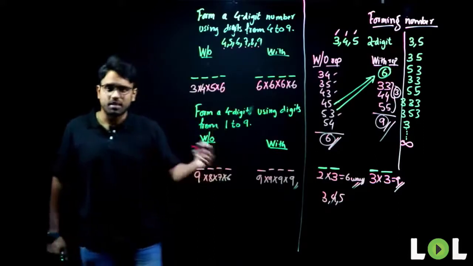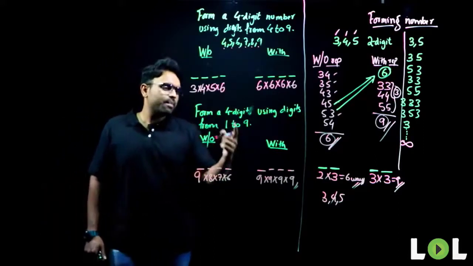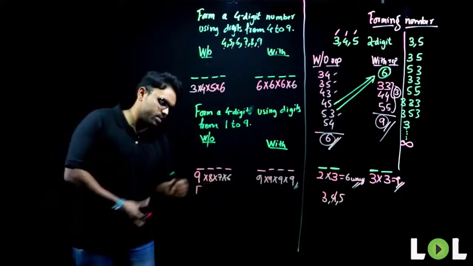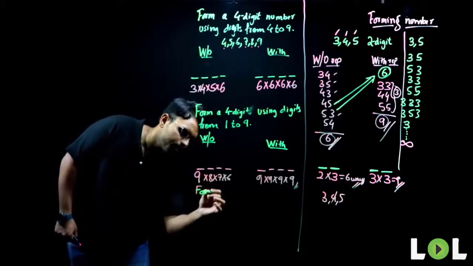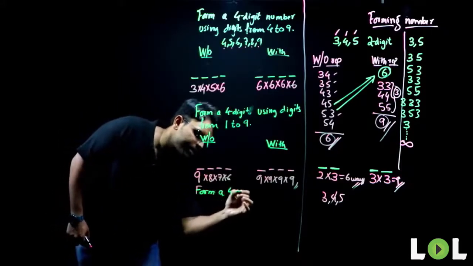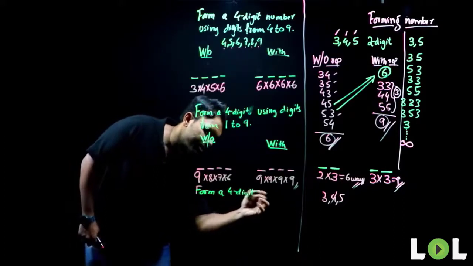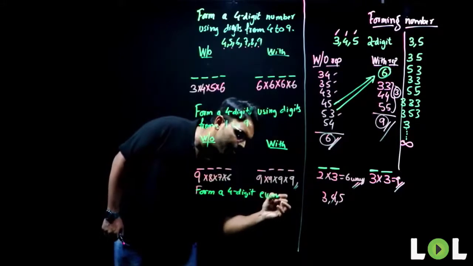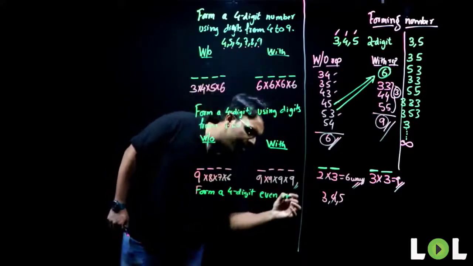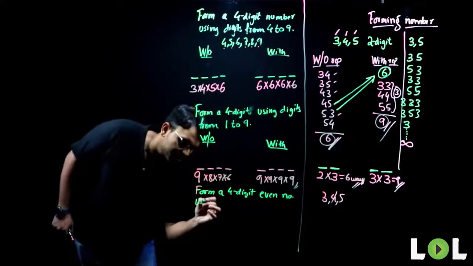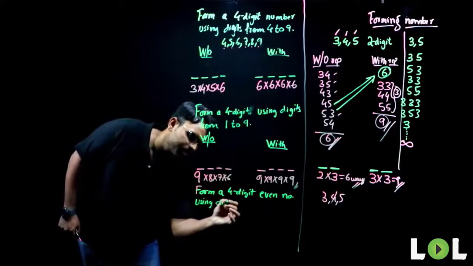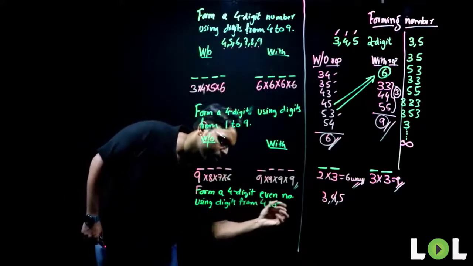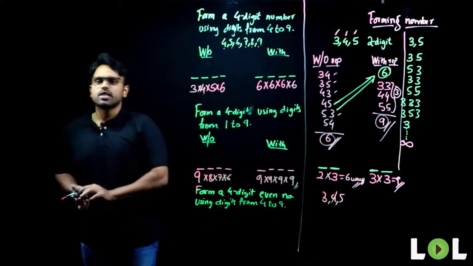Now let's move a step ahead. This time I'll tell you to form a 4-digit even number using digits from 4 to 9.